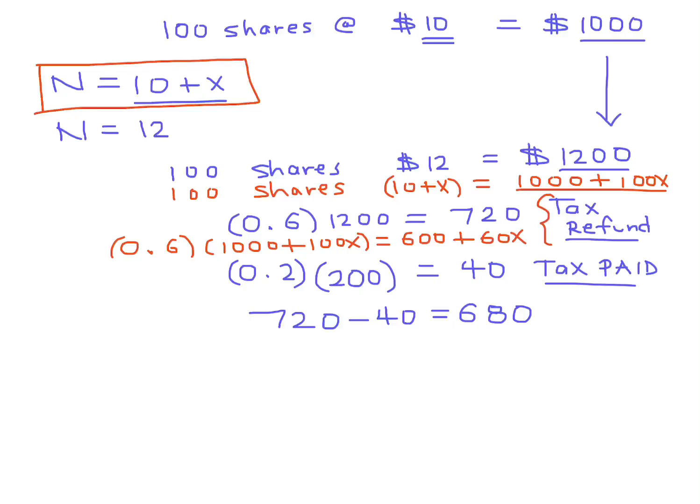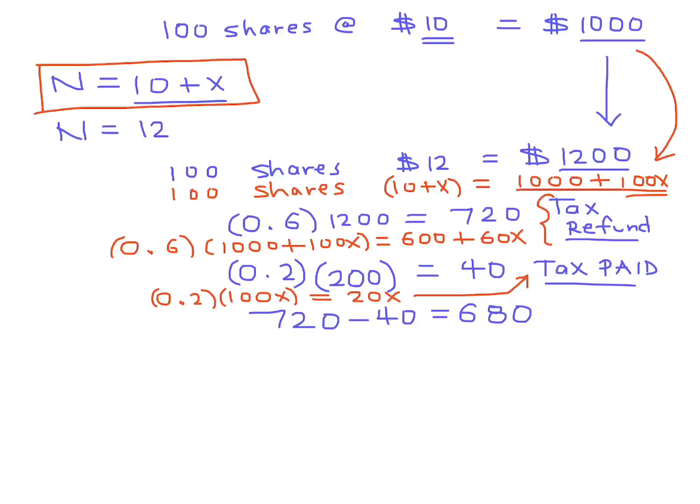Now you have to pay a tax of 20% on the increase. So you went from 1,000 to 1,000 plus 100X. So your increase was just 100X. So you've got 20% of that you have to pay in taxes. So that would be 20X is how much you have to pay.